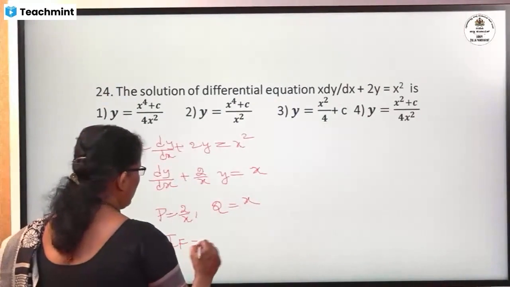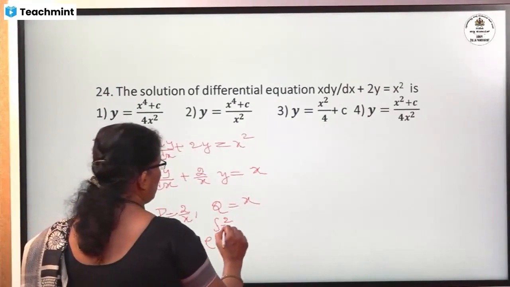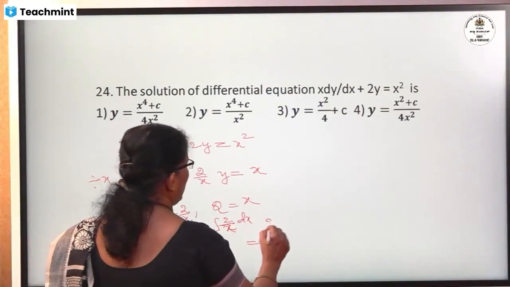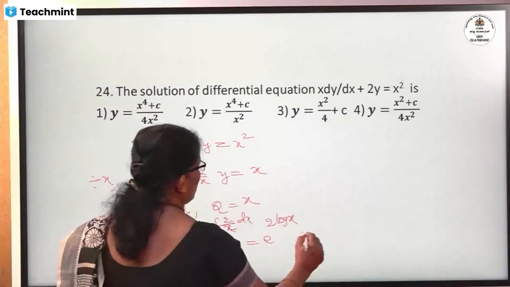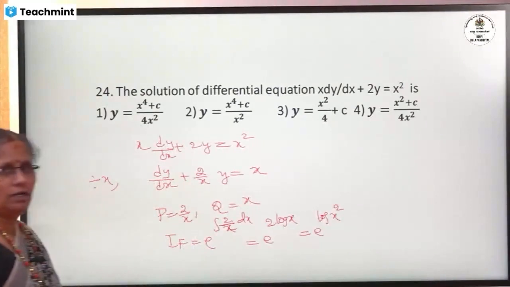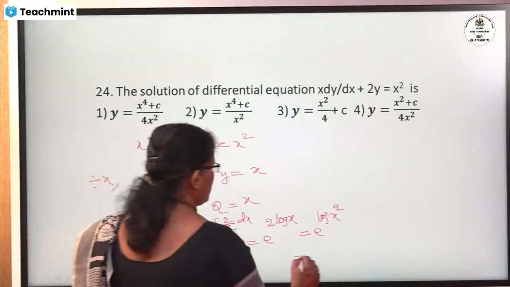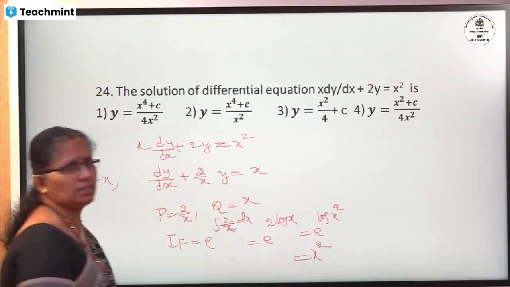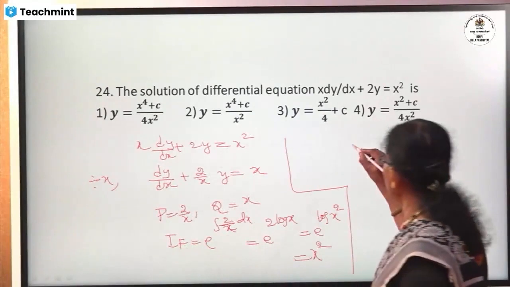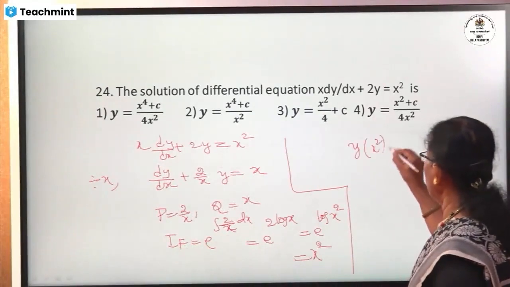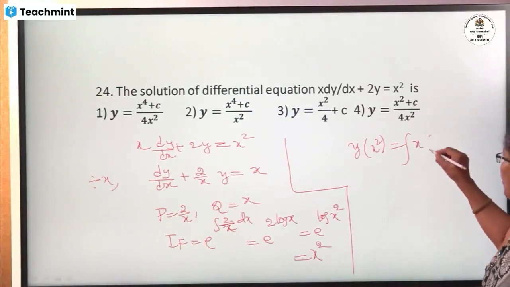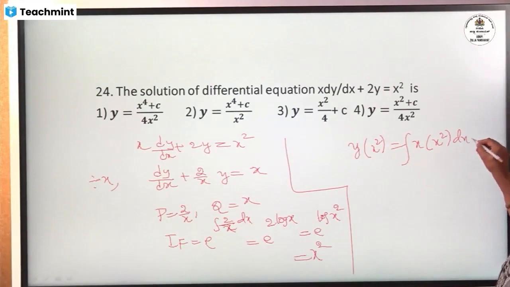So integrating factor is e power integral 2 by x dx. And what is that? 2 log x. And 2 can be shifted to the power. And e and log are inverse functions of each other. So they get cancelled. What remains is x squared. So therefore, what is the solution? Y into integrating factor equal to integral of x into integrating factor plus c.